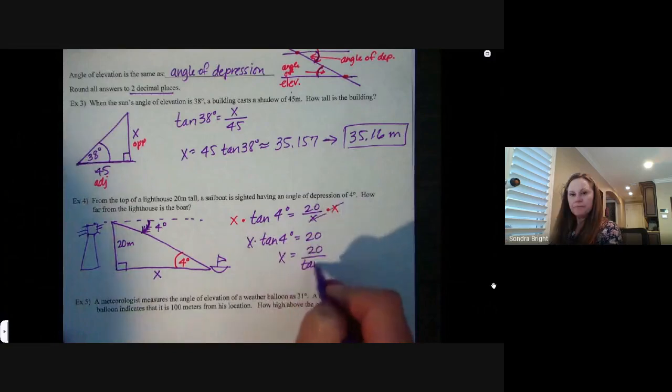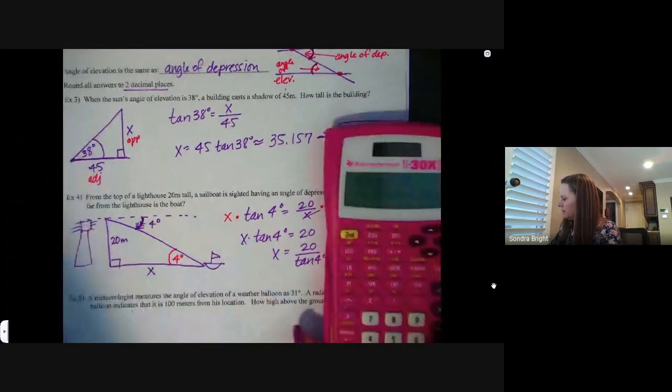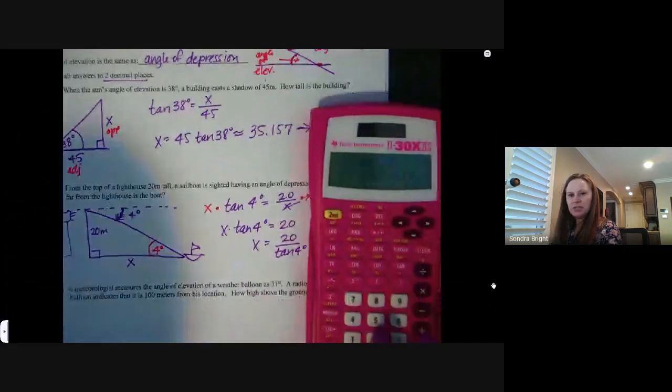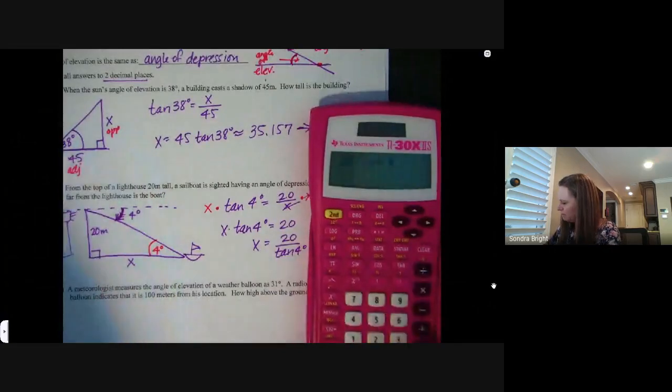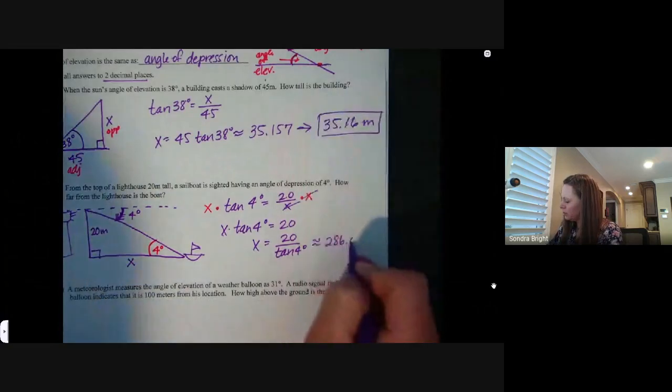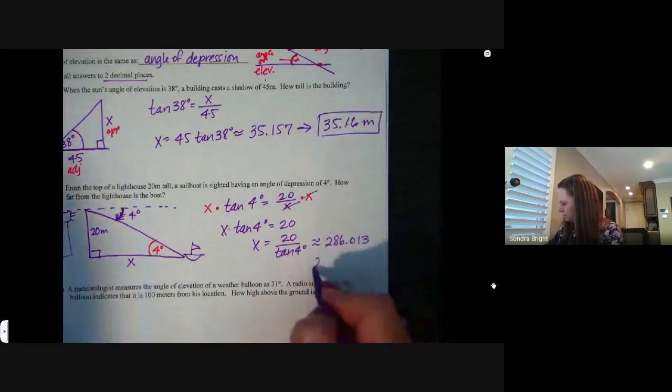Here we go. 20 divided by tangent of 4. 286.013. And I'm going to 2 decimal places. That 3 says leave that 1 alone. 286.01 meters.